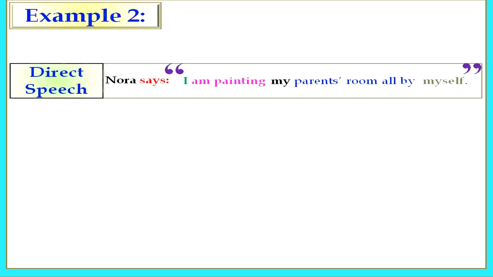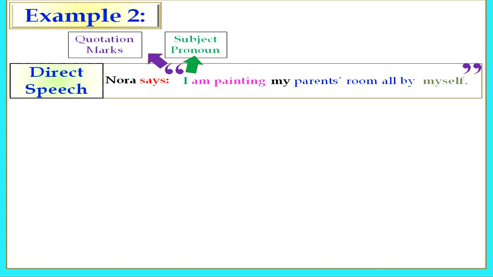In direct speech, we have a sentence that is said by Nora. So Nora says, "I am painting my parents' room all by myself." In this sentence, we use the quotation marks. We have the subject pronoun I. We have the verb I'm painting.